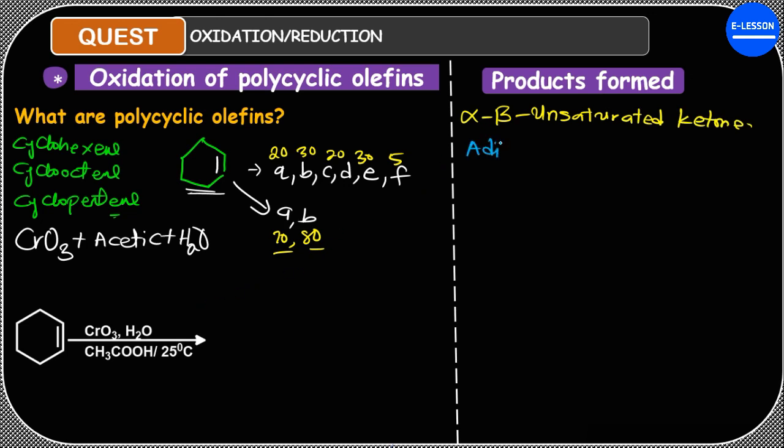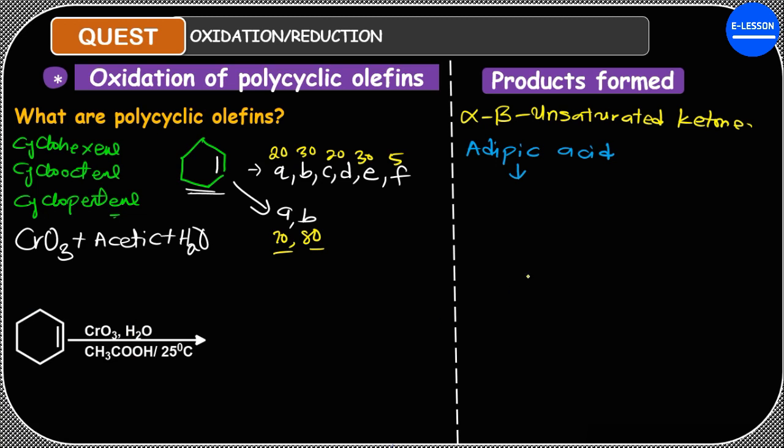Now, adipic acid is formed in a way that the ring of the polycyclic olefin is broken down. So this is the only product that is formed due to the breakdown of the ring, adipic acid. Are you getting it? Now, adipic acid is a dicarboxylic acid. Let's take note of that. It is a dicarboxylic acid.